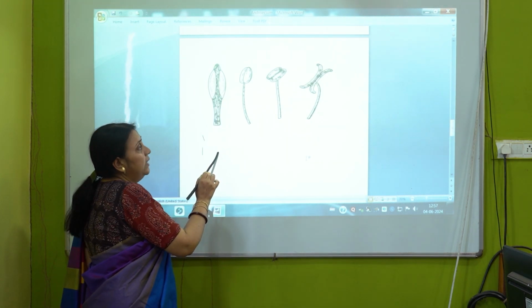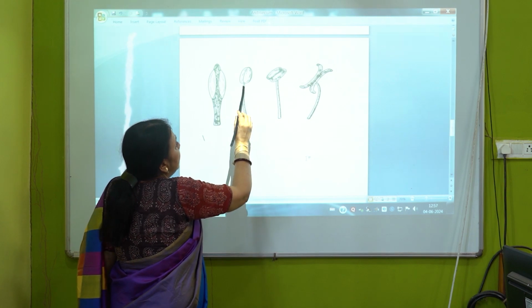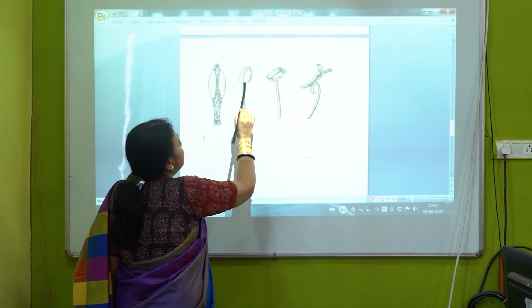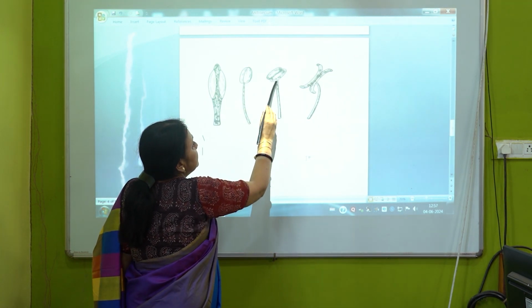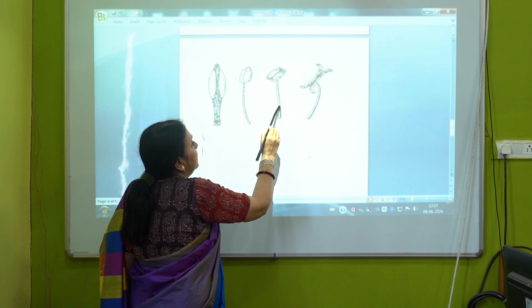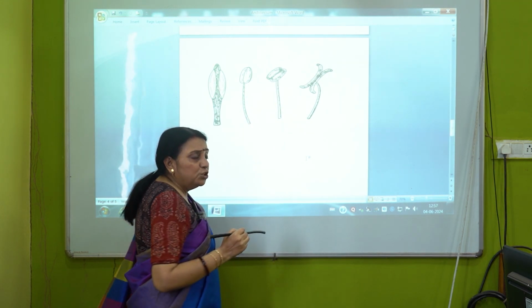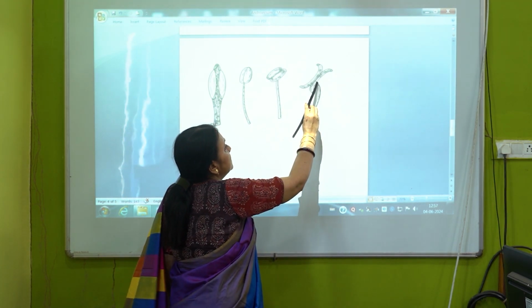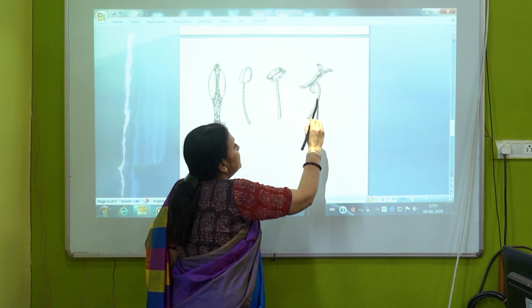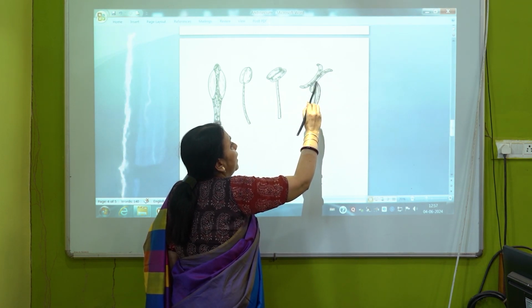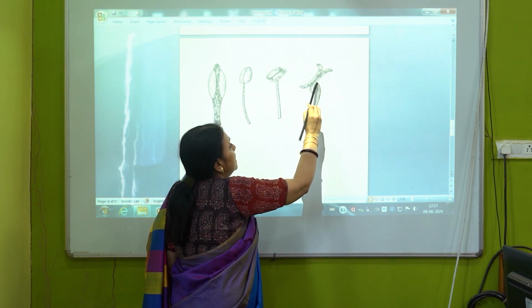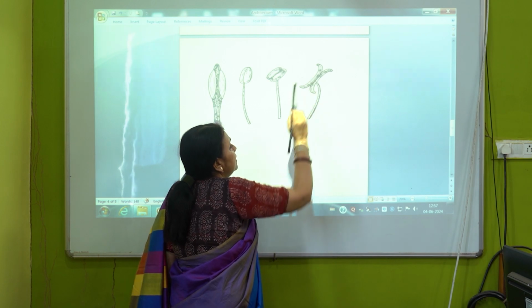It is the basifixed when the filaments are attached only at the basal portion of the anther. It is the dorsifixed when the filaments are attached at the dorsal portion of the anther, and it is the versatile when the filaments are attached at a particular point of the anther lobe. That's why the anther becomes free floating.